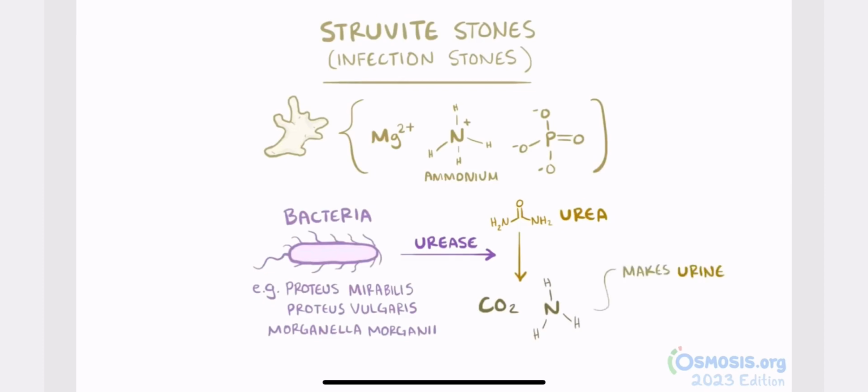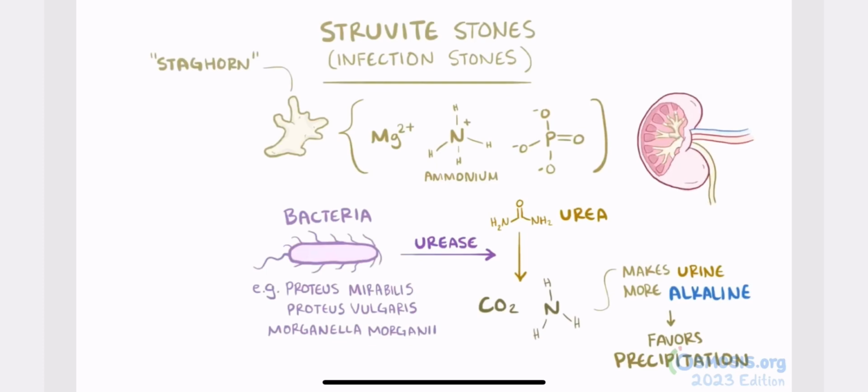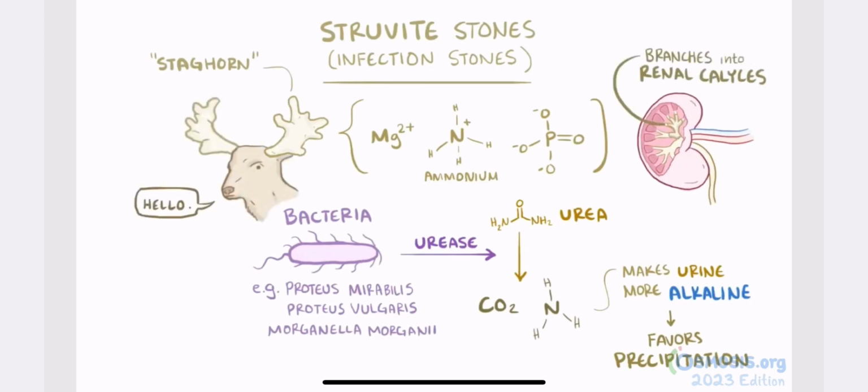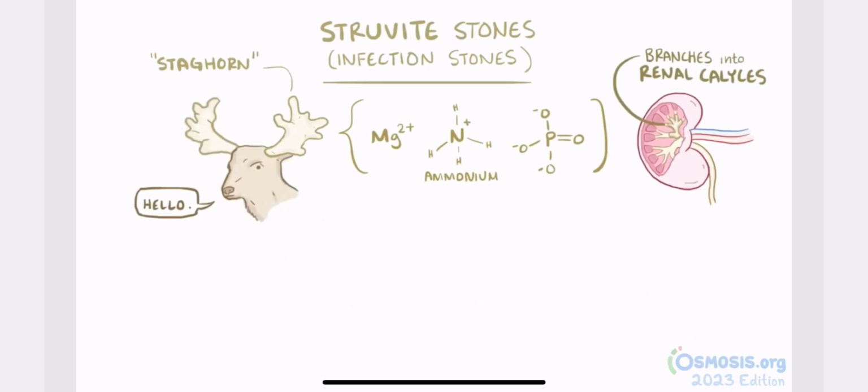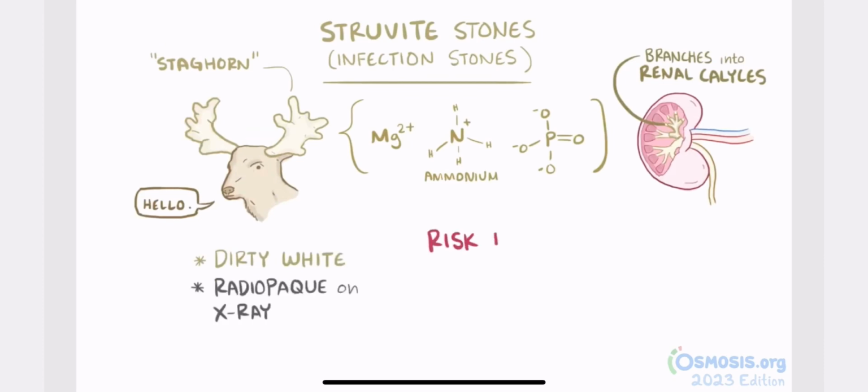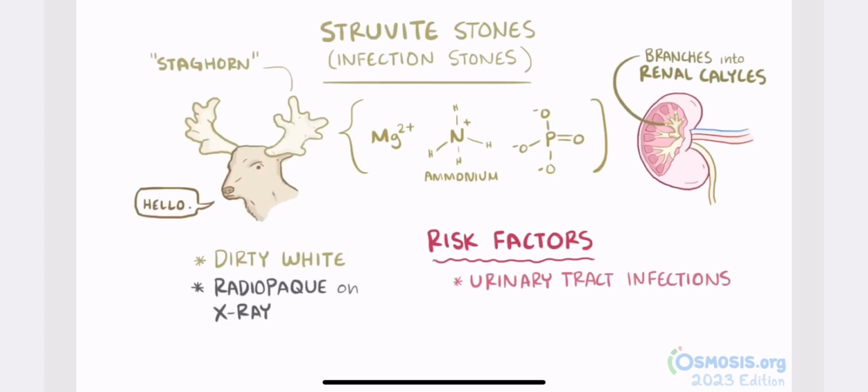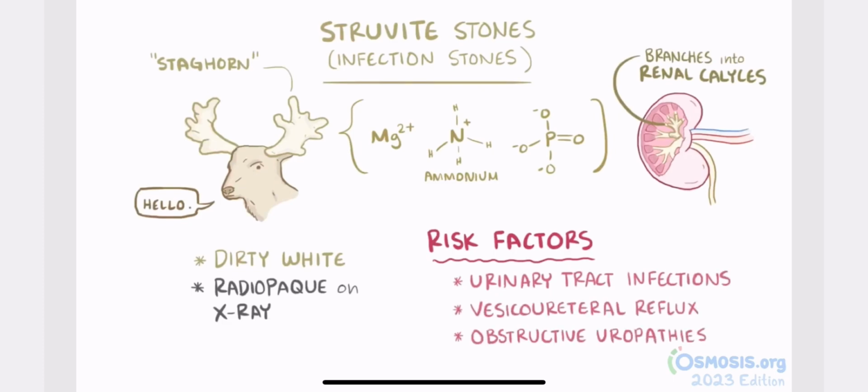The ammonia makes the urine more alkaline and favors precipitation of magnesium, ammonium, and phosphate into jagged crystals called staghorns, because they often branch into several of the renal calyces and look like the horns of a staghorn deer. Like the calcium phosphate stones, struvite stones are dirty white and radio-opaque under an X-ray. Risk factors include urinary tract infections, as well as vesicoureteral reflux and obstructive uropathies, both of which are also risk factors for urinary tract infections.